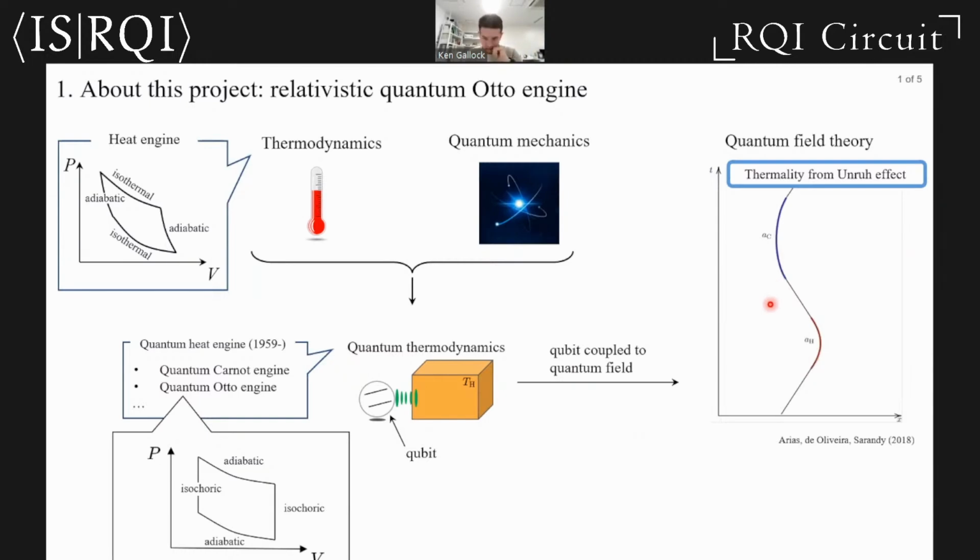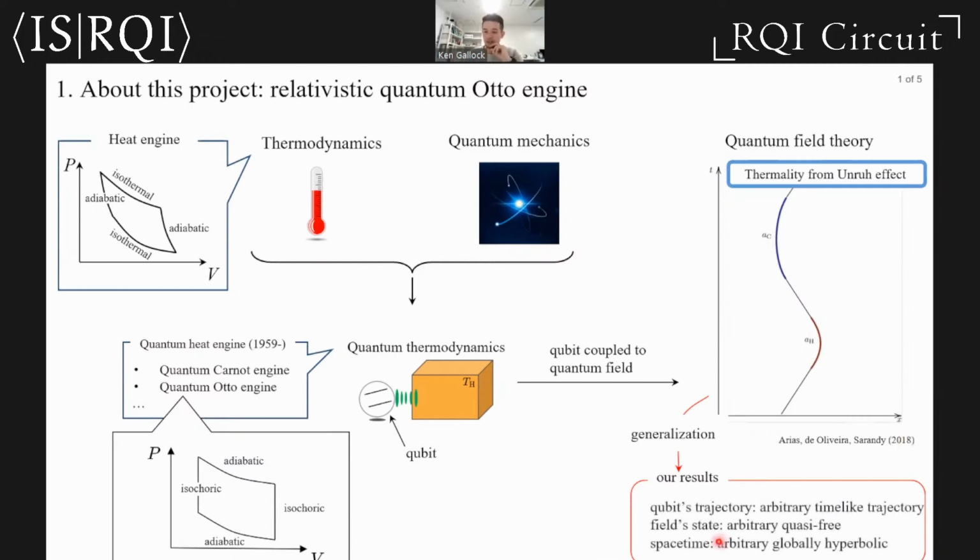In our project, we are considering a qubit in quantum field theory and generalizing this work in the sense that the qubit's trajectory can be an arbitrary timelike trajectory, so it doesn't have to be linear acceleration.